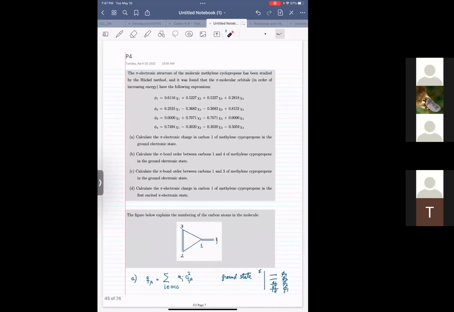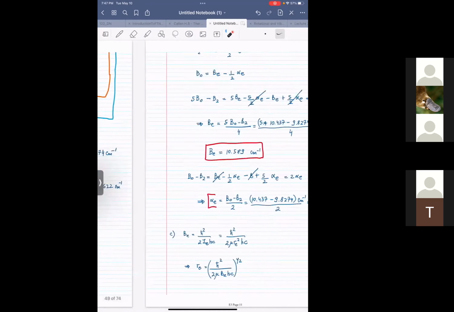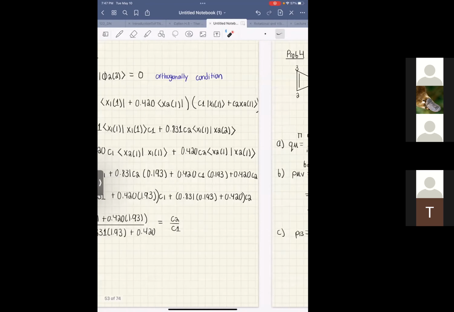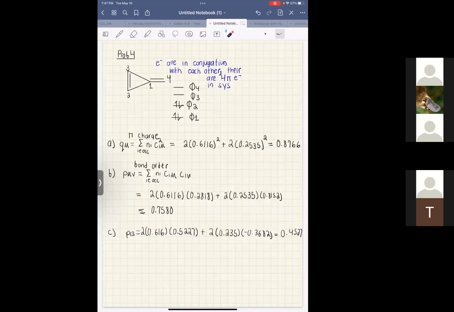So it's asking you to calculate the pi electron energy in carbon 1 in the ground electron state. So basically, what you have to do is you plug in and use the coefficients, so it relates to the coefficient of atom 1 and all the coefficients of the occupied orbitals.